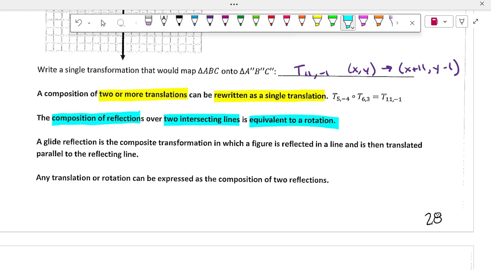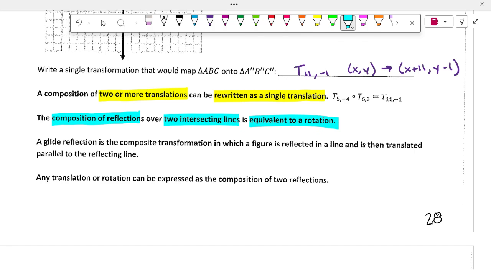Now, it doesn't look like a rotation. However, that's just because the center point is not the origin. What do you think the center point of this rotation will be? Where the two lines intersect. So to get from here to here, you would rotate 180 degrees counterclockwise.